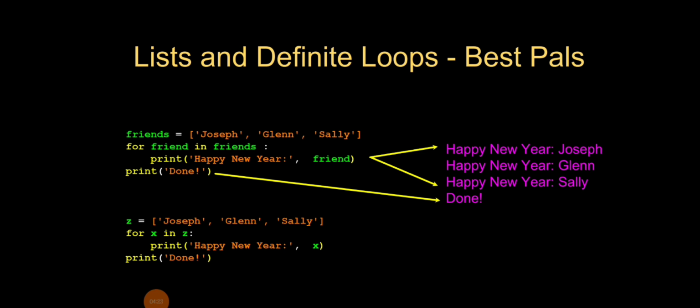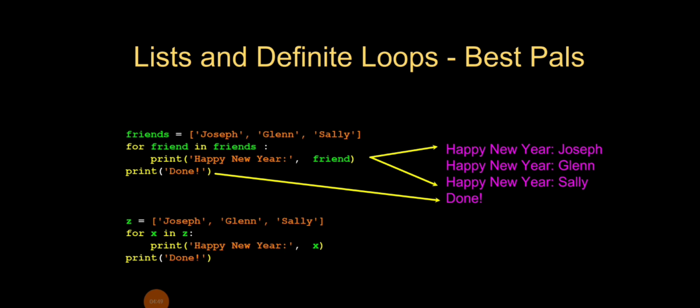First it will print happy new year Joseph, and again the for loop will run and next happy new year Glenn will be printed, and finally happy new year Sally will be printed. After that there are no values in the list. So finally it comes out of the loop and prints done.